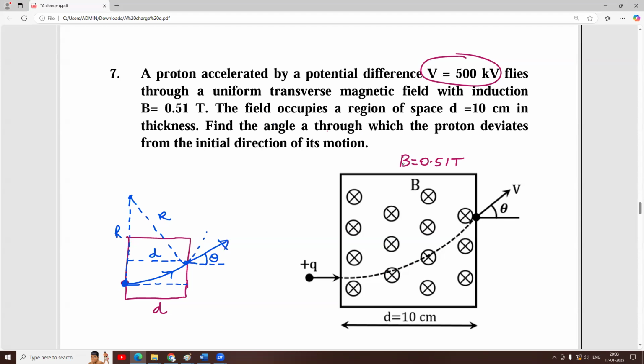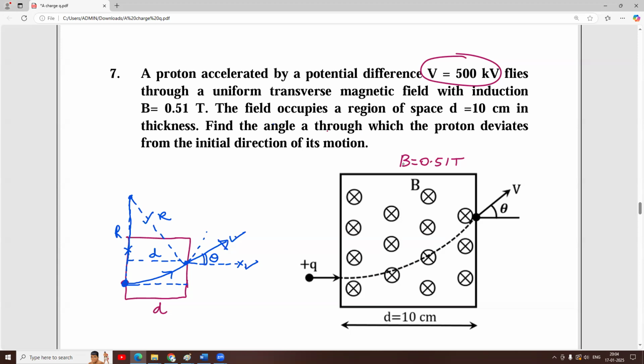Now, for this horizontal direction, this line is the perpendicular. So this line is perpendicular to this one. And for this tangential direction, this is the perpendicular. So these two lines make an angle of theta.